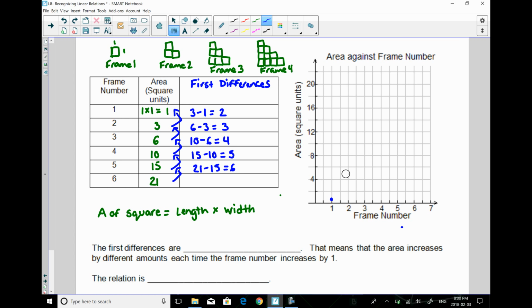Now the points: 2 and 3 is approximately here. 3 and 6. 4 and 10. 5 and 15. And 6 and 21.